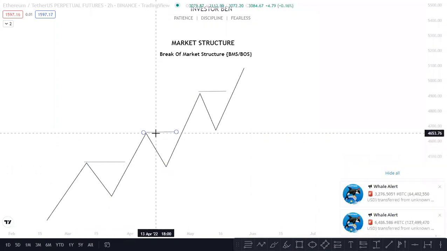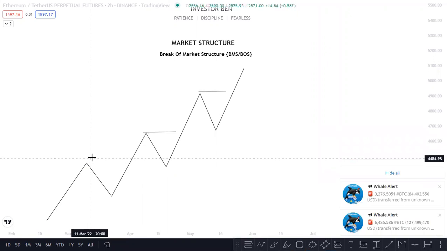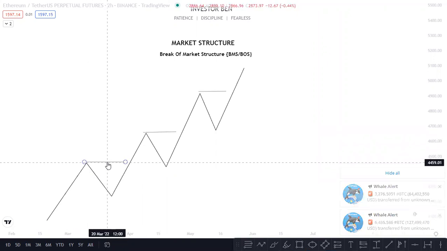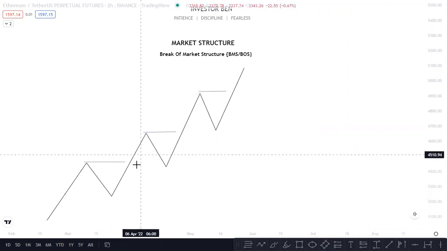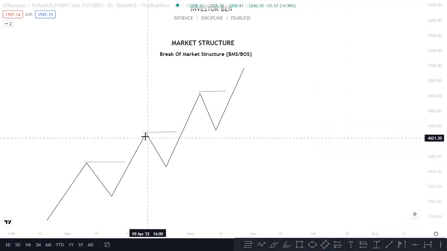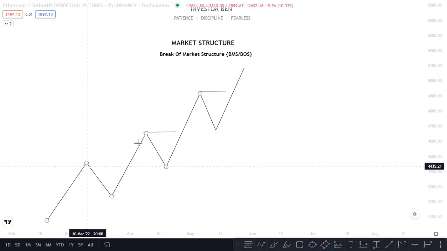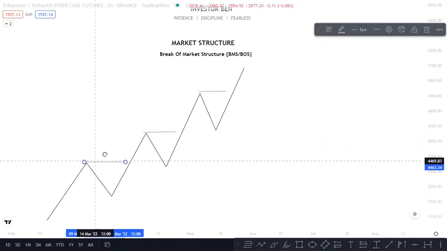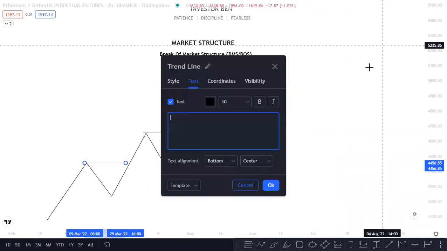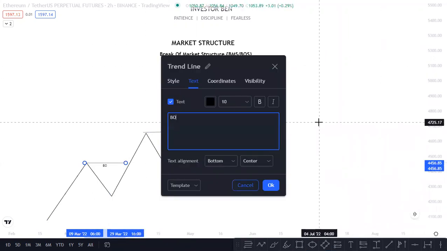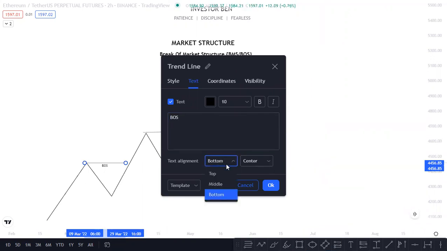For this uptrend to continue, we must have a break of highs. Highs must be broken, right? So these previous highs tend to be broken, and you tag these spots where the high is broken as the BOS on your charts.